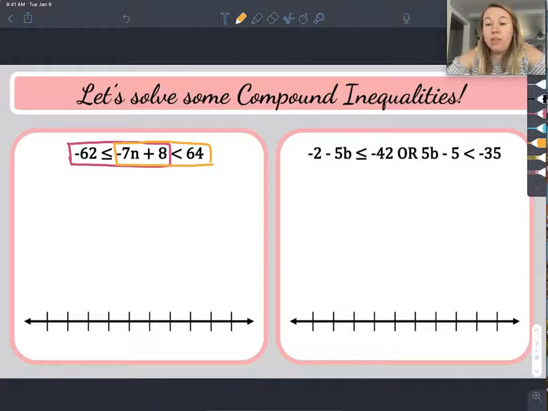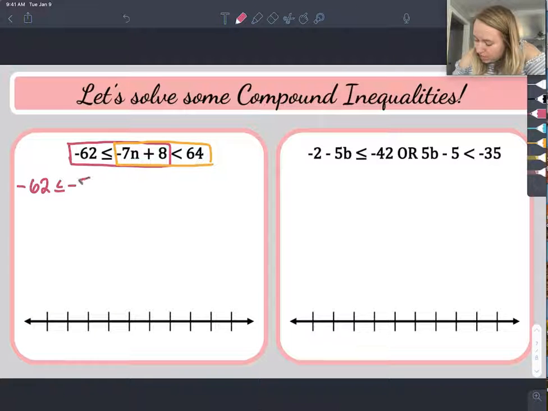It's really important that when we go to copy these down and solve for each inequality, that we copy them down the way they are written and we do not change where any of the numbers are. If you end up flipping anything, you might not get the same answer as you're supposed to. So the first one is negative 62 is less than or equal to negative 7n plus 8.